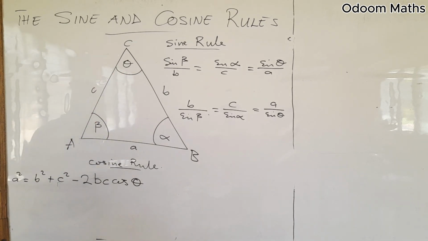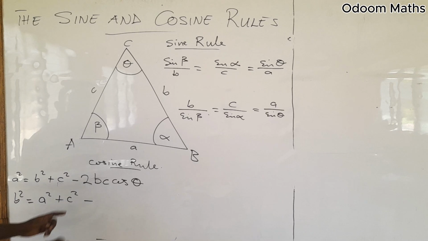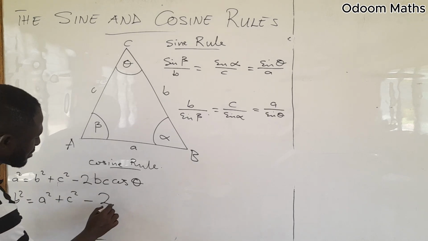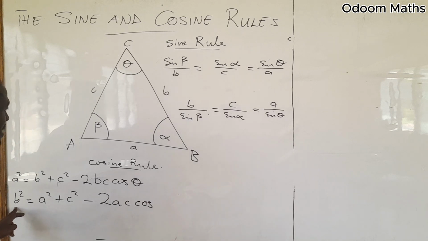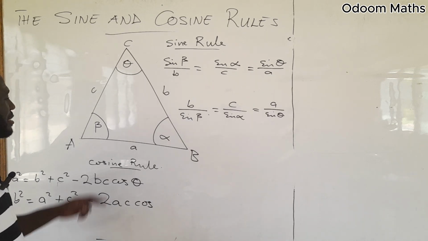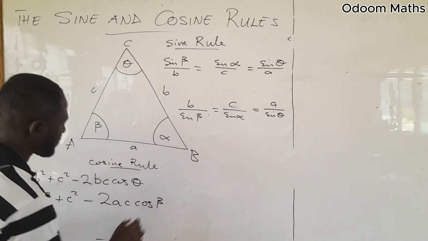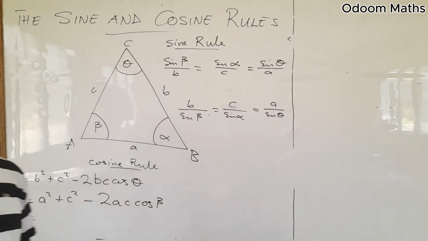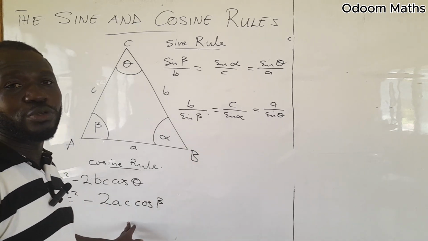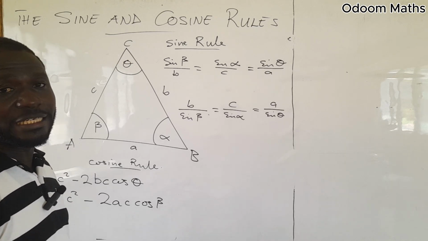Now let's take that of B. So B squared is equal to A squared plus C squared minus 2AC, then cos. Now B faces which of the angles? Beta. So cos beta. Then C squared, like I said, after doing the first, you should be able to do the second and the third.